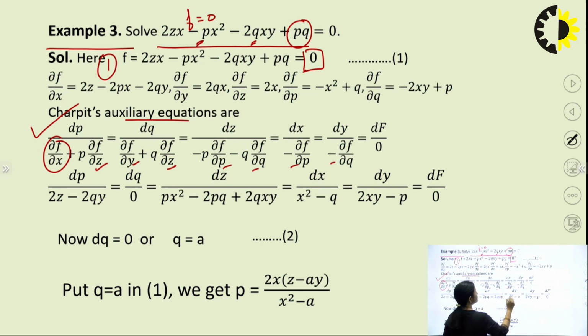We have to find all these derivatives and then put their values in the auxiliary equation. Now when we put all the values of the partial derivatives, we will obtain this equation.